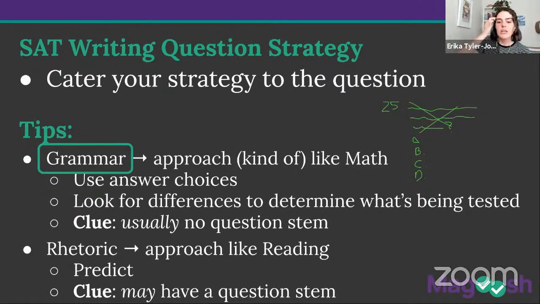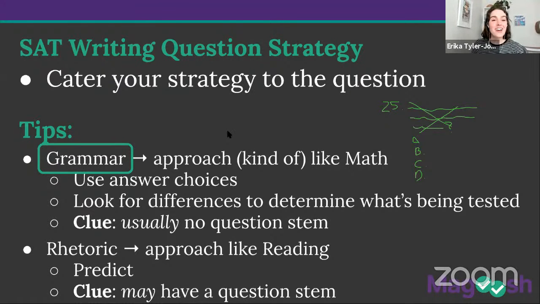So we are covering the majority of the questions on the writing section, the grammar ones. We're dealing with the rules, the ones that typically don't have a question stem. Rhetoric questions, briefly, we'll talk about what those are at the end of our crash course tomorrow, but that's not what we're focusing on, or else this would be way too long.